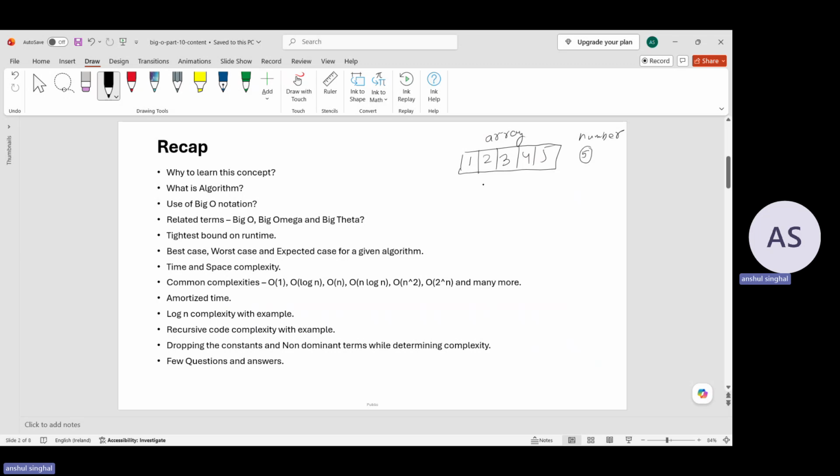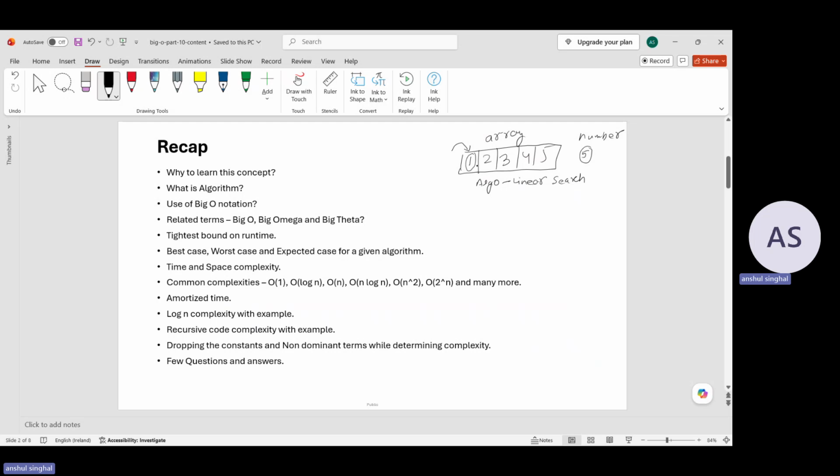Let's say I have written an algorithm which is a linear search. In linear search, we start a for loop on this index, and then we keep going down one by one to check whether the element at the given index matches this number.